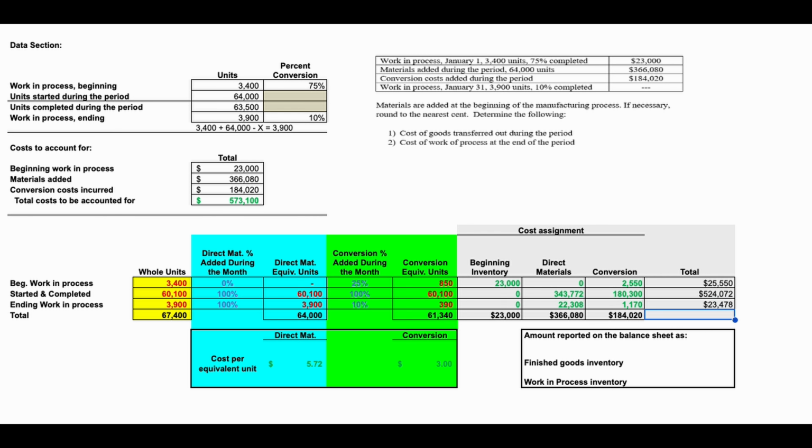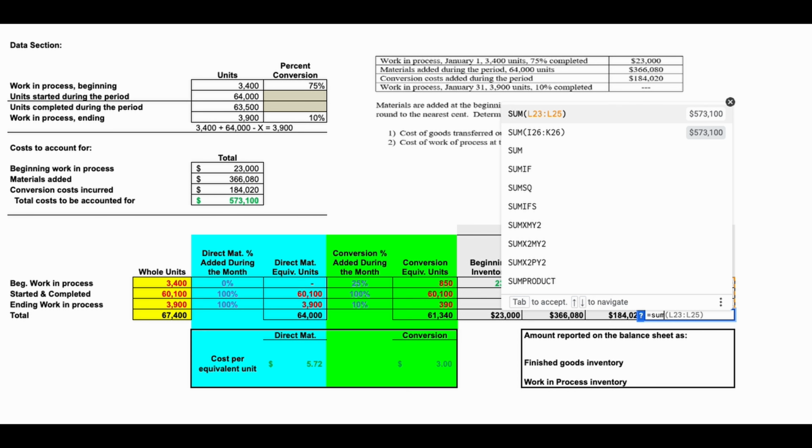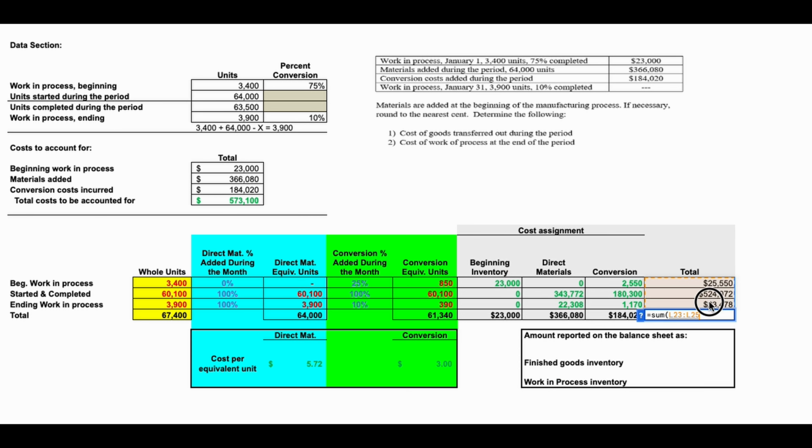And we are ultimately going to come down here and see what is the total amount of costs that we have allocated here. So I take out all of these allocated costs and I get $573,100. Now this chart will tick and tie both horizontally and vertically. If it doesn't, again, we've got some sort of problem here. Once again, in our case, we got it right. And that $573,100 ties out to our total costs to account for.